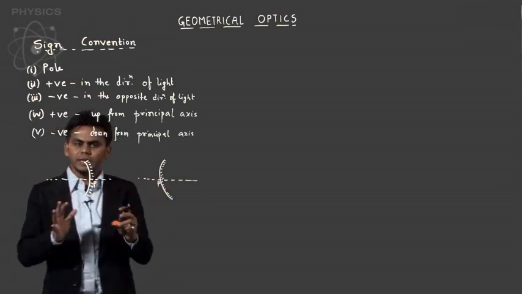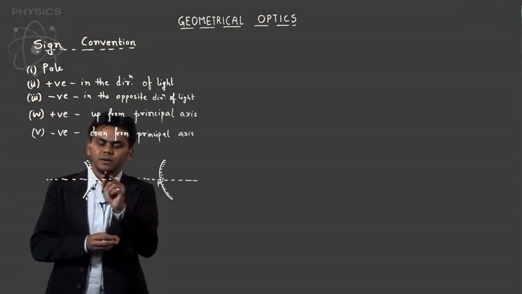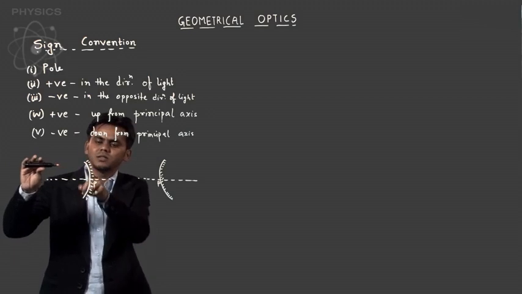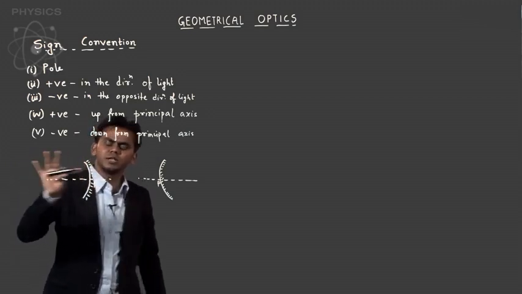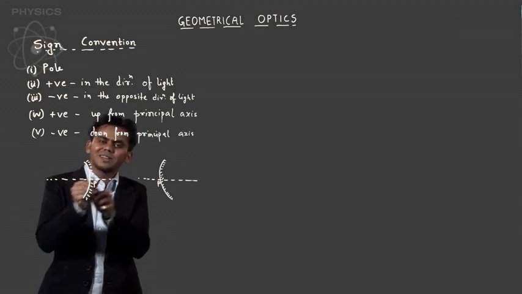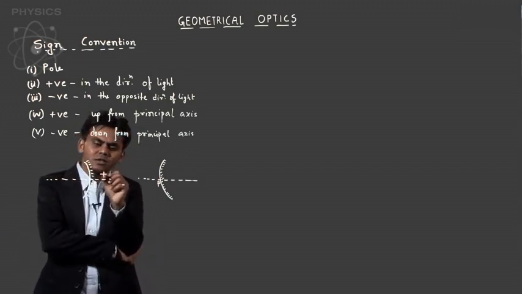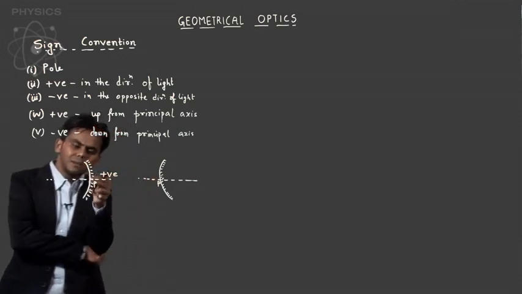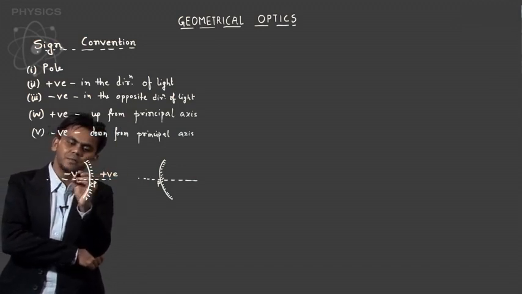So any measurement which I would be doing to the right of it, which is in the direction of light, because light has to travel in this way, because this is the reflecting surface which I have, in this direction a measurement will be positive. So from the pole towards the right, it's positive. But in the left direction it's the opposite, so this is negative.